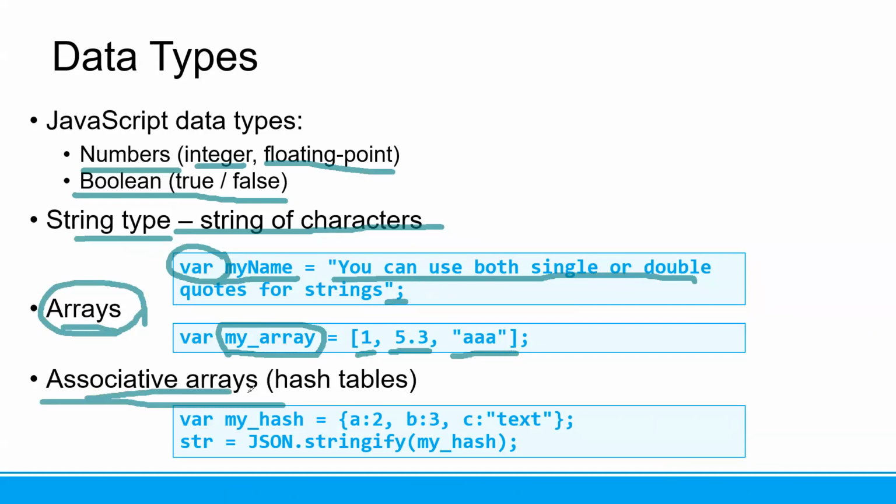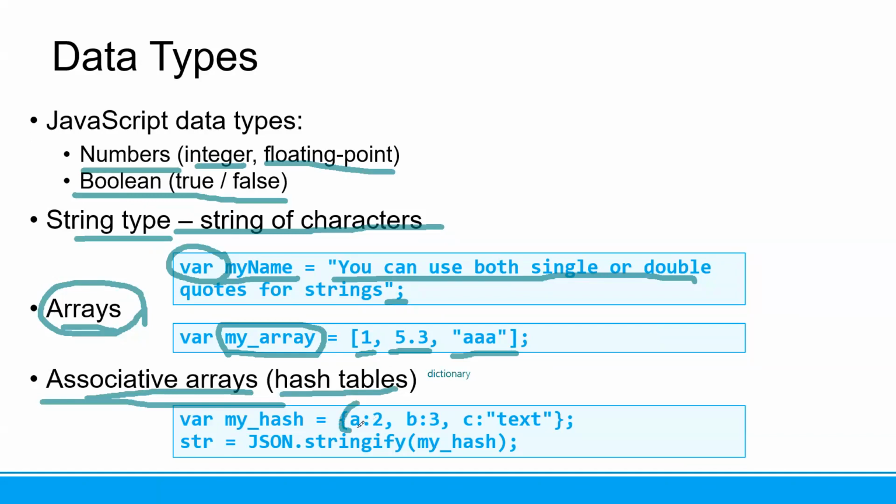Associative arrays. In some literature, they are mentioned as tables. I think in Python, we have a similar data structure to a hash table, which is the dictionary. In the dictionary, we know the key and value.